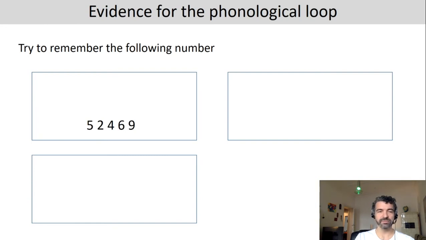Are you correct? You might be. That's 5 digits. Let's do another one. Okay. Do you remember all of them? And a last example.